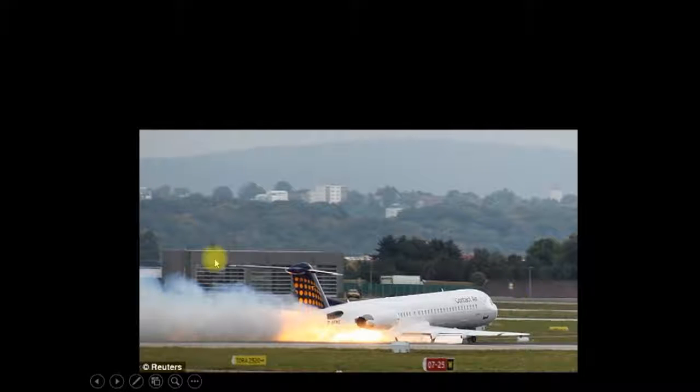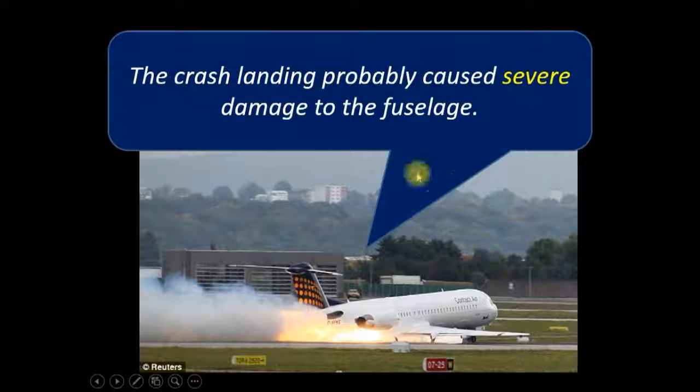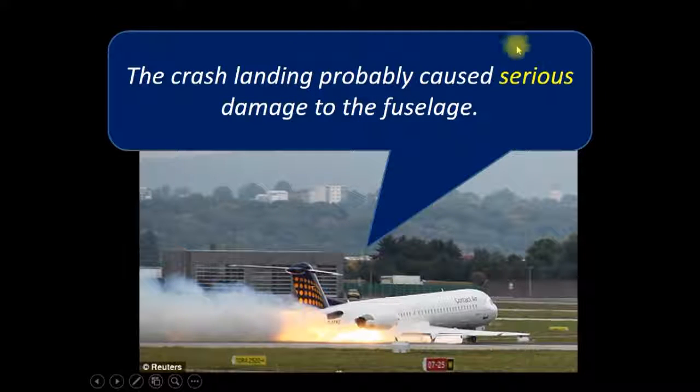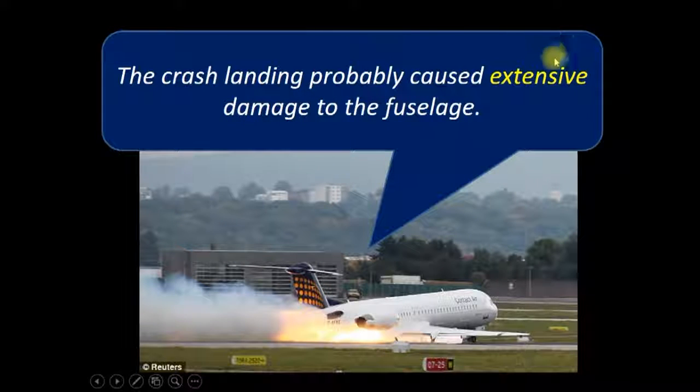Now, this situation is obviously more serious. So we might say the crash landing probably caused severe damage to the fuselage. Here we see the collocation severe damage. We might also say serious damage or extensive damage. These three collocations are very common to talk about heavy damage.